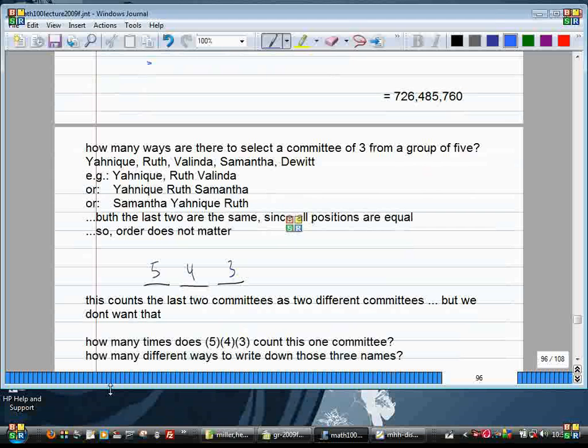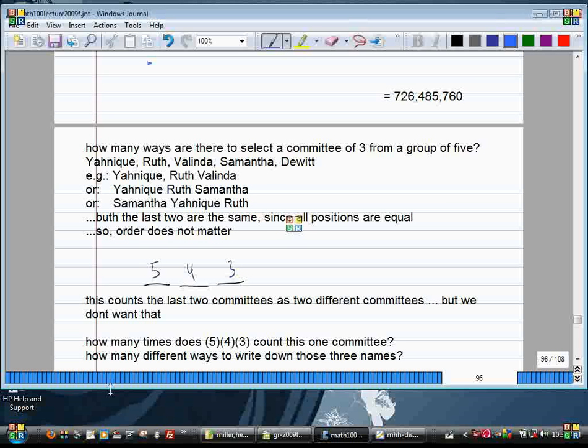So there are 3 factorial, or 3 times 2 times 1, many different ways to write down this committee. 3 times 2 times 1 is 6. So every single committee has been written down 6 times using just writing it down naively this way.